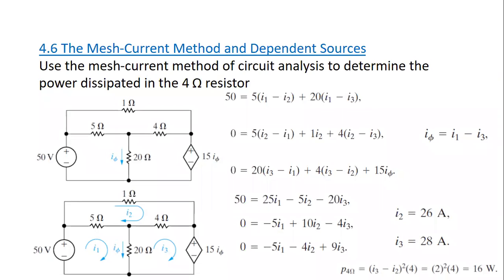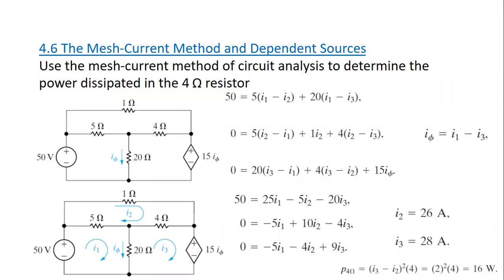So far, mesh current is the second method that we are learning, and we are done with the node voltage method. The node voltage method can be used whether the circuit is planar or non-planar, but for this method you need to make sure the given circuit is planar.